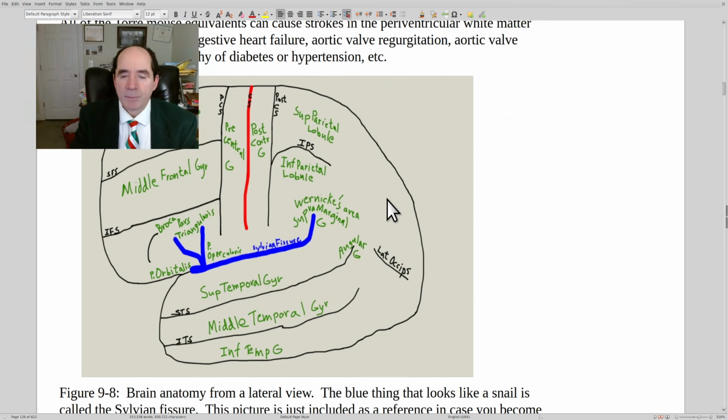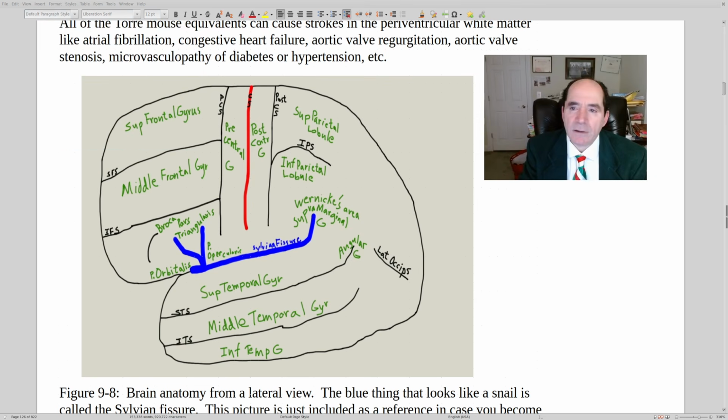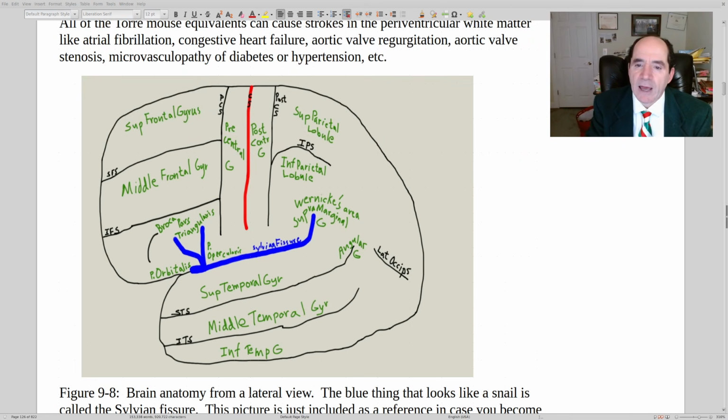This is just a real quick picture of brain anatomy, and this would be the lateral part of the brain, the outer surface, the convexity, if you will. I just want to show you how you memorize complex things. When you want to memorize something complex, you should look at it carefully, get a couple different books, a couple different pictures, and then ask yourself, what's the irreducible minimum from which I could derive all the rest?